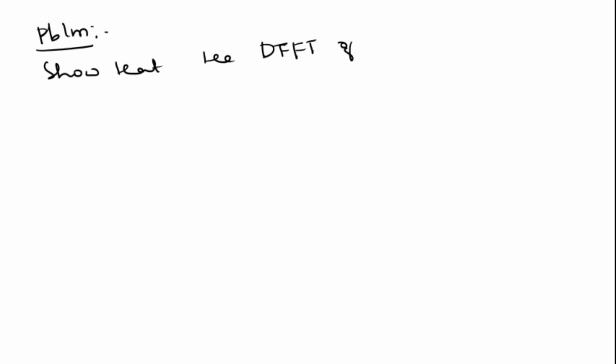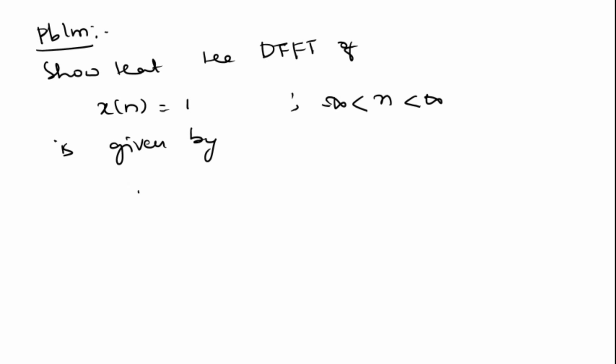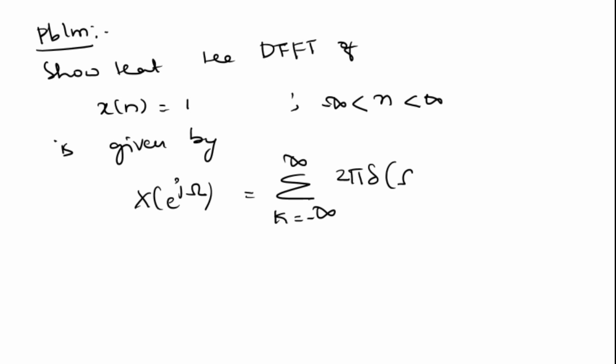Next problem, show that the DTFT of x of n is equal to 1, for n from minus infinity to infinity, is given by X of e power j omega is equal to summation k is equal to minus infinity to infinity 2 pi delta of omega plus 2 pi k.